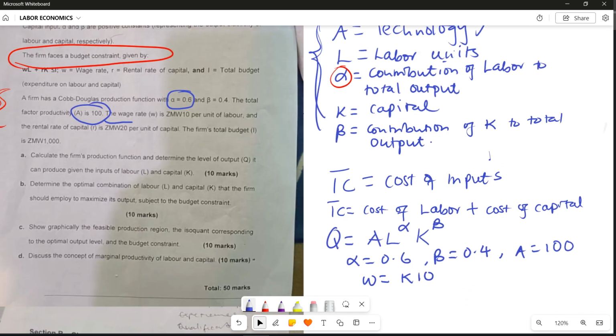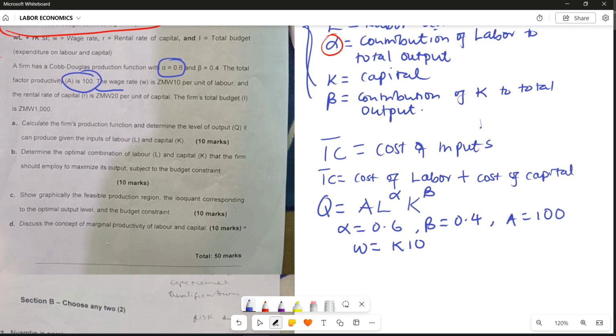Oh, great. Yeah, great. Okay, so let's go back. Yeah, so that's our production function there. Alpha is 0.6, our beta is 0.4, our factor productivity or technology is 100. Yeah, then the wage rate is 10, and then the statement is saying the rental rate of capital is 20 per unit of capital.